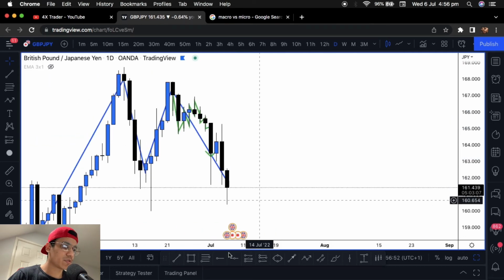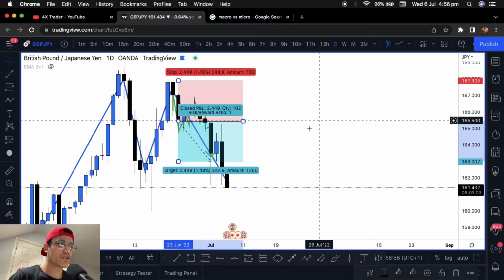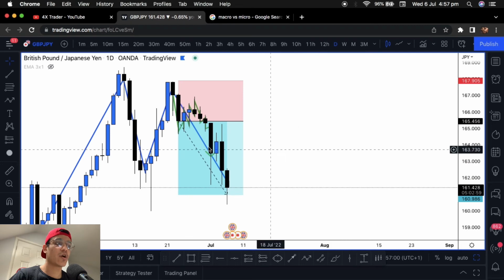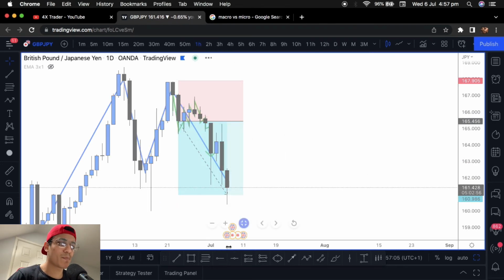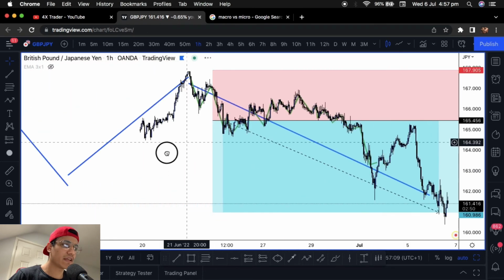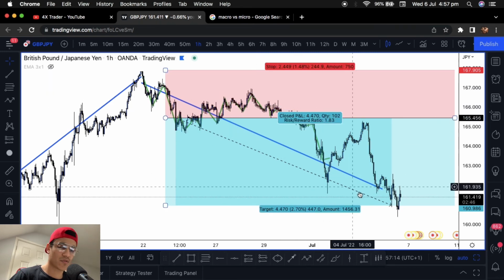Let's say you take a short, boom, short, right there. Look at that, 1 to 2, not even 1 to 2. When you go down to the 1 hour, which is the micro structure, look at that. You went into drawdown, and then eventually the market went your way.